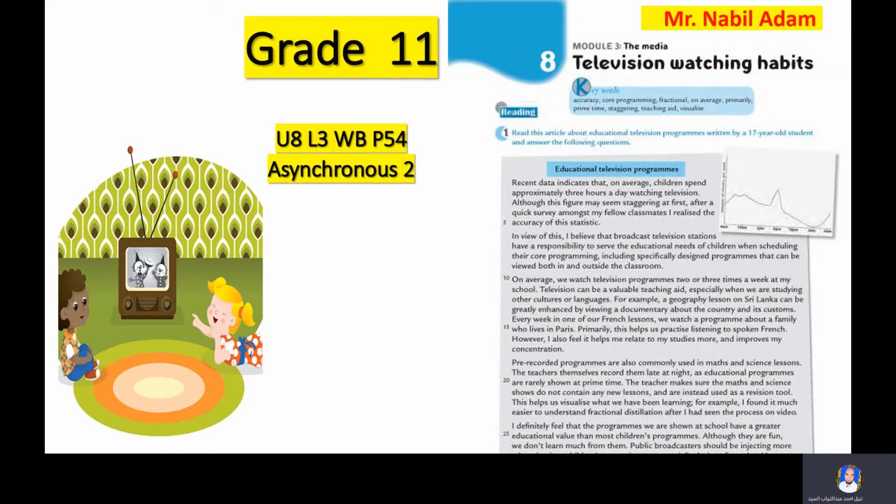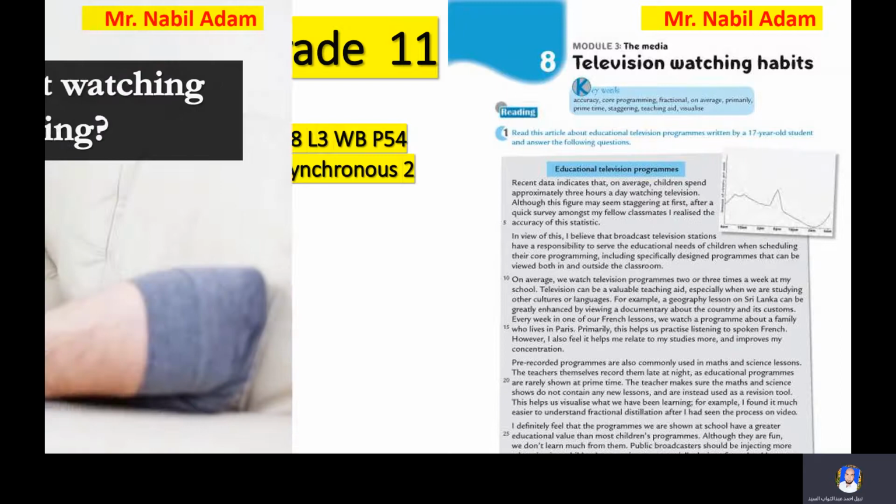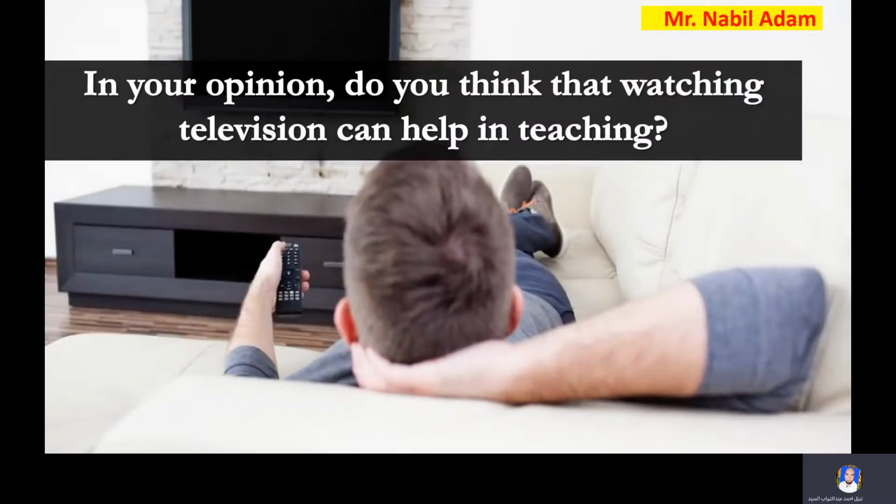Please open your workbook on page number 54 so that you can answer all the exercises on this page 54. In your opinion, do you think that watching television can help in teaching?